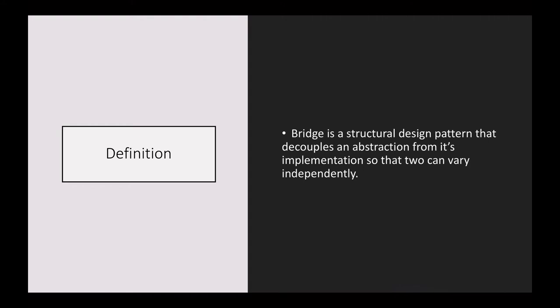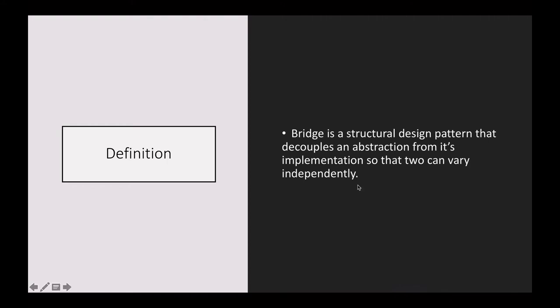So here, what we need to identify is what's an abstraction and what is the implementation of the abstraction. After identifying what kind of abstraction and what kind of implementation are there in the code base and what we are actually trying to decouple, then only we can understand what this bridge pattern's intent is, what it is actually trying to do.